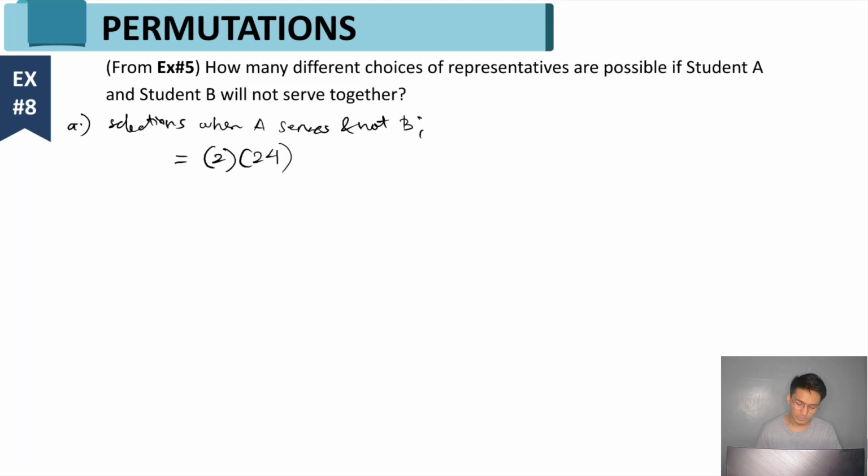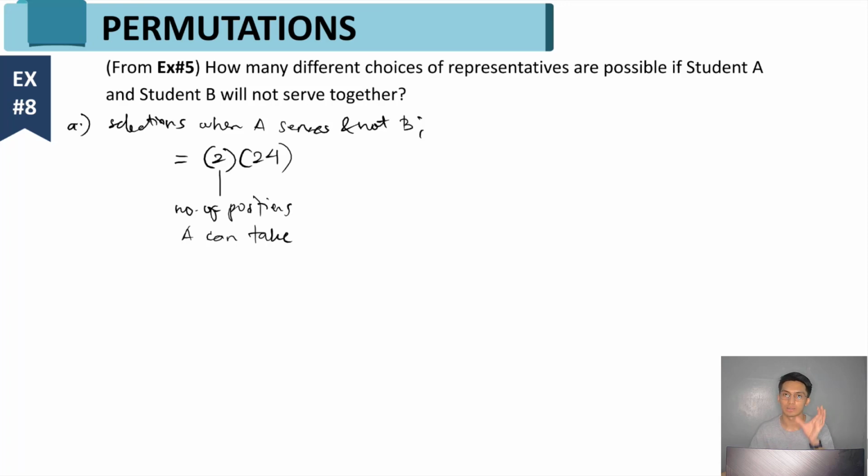Yun 2, kasi si A binigyan na ng privilege para mamili kung president or vice president siya. Ibig sabihin, meron siyang 2 choices. Ito yung for number of positions A can take. Ngayon, dahil nakapili na siya, may matitira pang isa, yung isa na yun matitira ay pagpipilian na lang dun sa 24 na students.